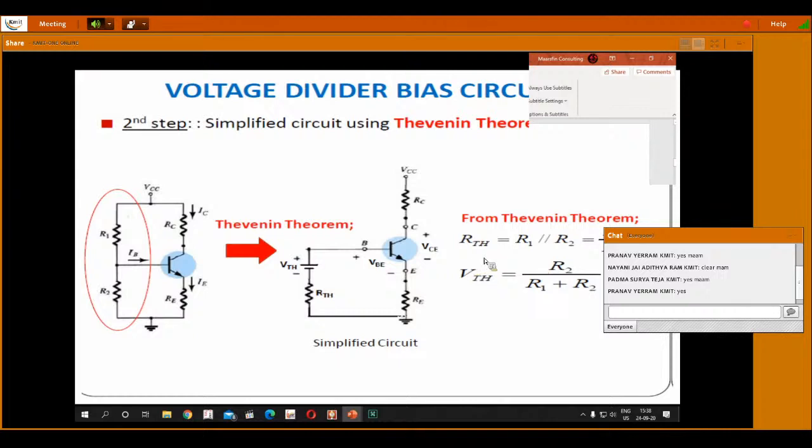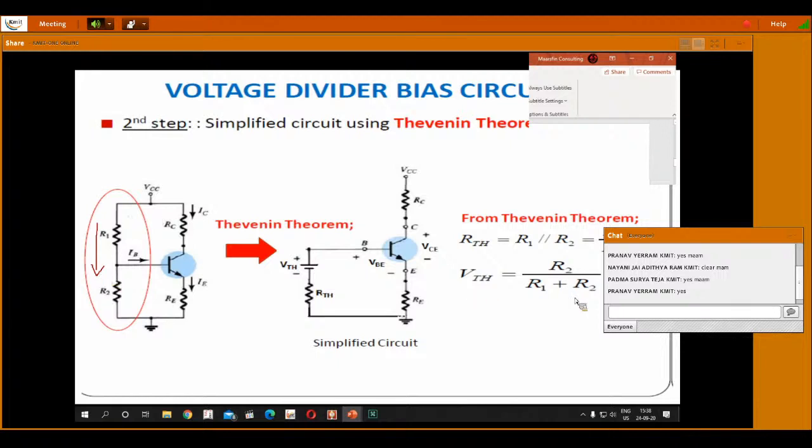Now, RTH is equal to R1 into R2 divided by R1 plus R2. Next, VTH is equal to the amount of coupled voltage to the base of the transistor, which is the voltage drop across R2. The voltage drop across R2 is the amount of current flowing through this path into R2. What is the amount of current flow?